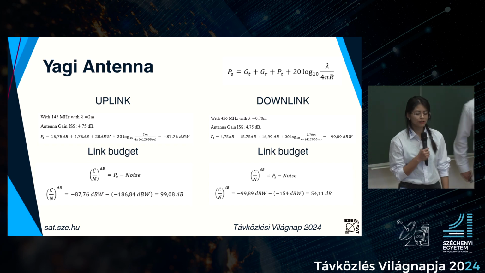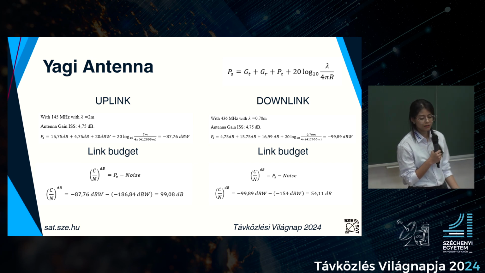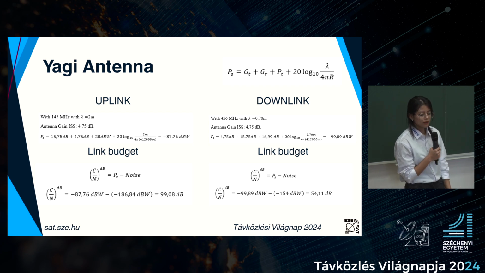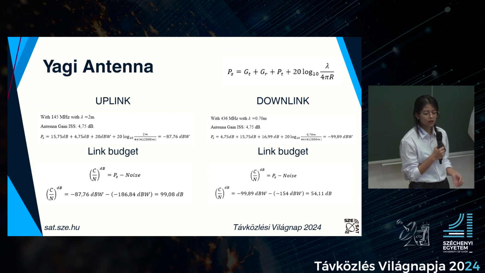Then, for the link budget calculations, we use the formula for the power signal. That is the gain of the transmitter, the gain of the receiver, the power of the transmitter, plus 20 log of the wavelength over 4 pi times the distance. We know the distance is 412 kilometers. We know the gains of the transmitter and receiver.